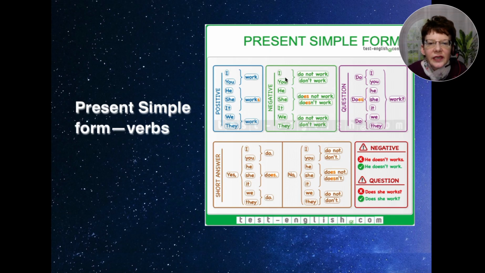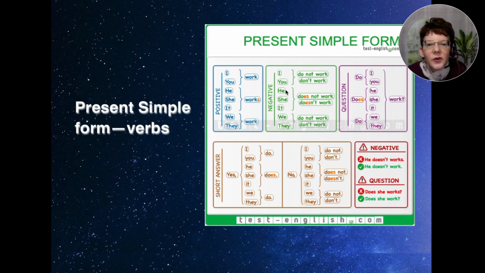All right, for a negative sentence here, all we're doing is adding do not or don't before the verb. So we have I do not work. For you, it's don't. You don't work. So you can say do not or don't for either one.